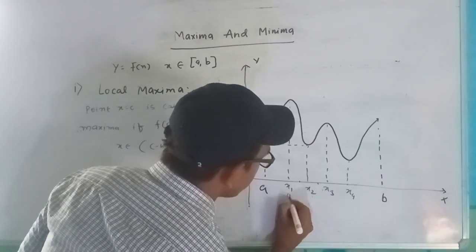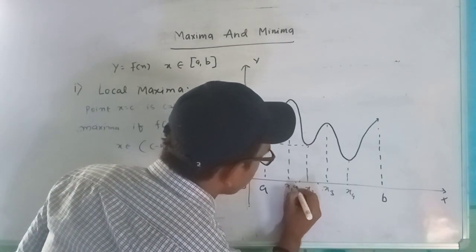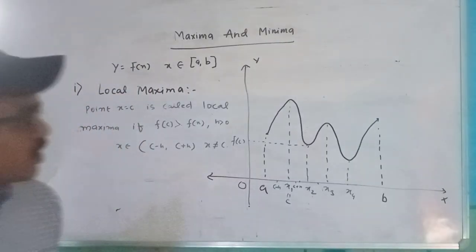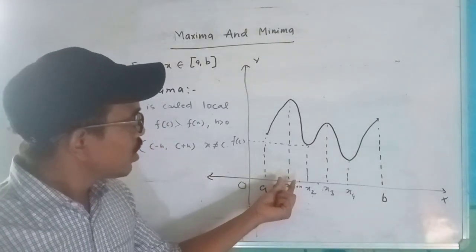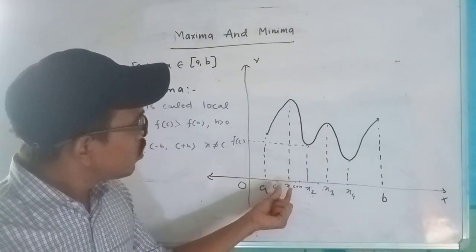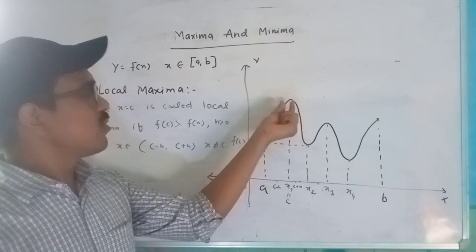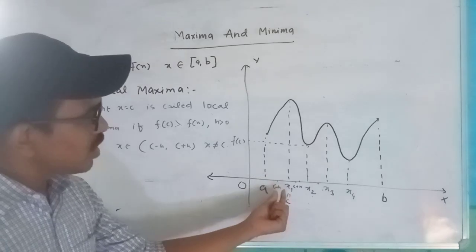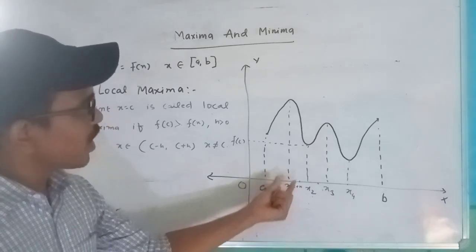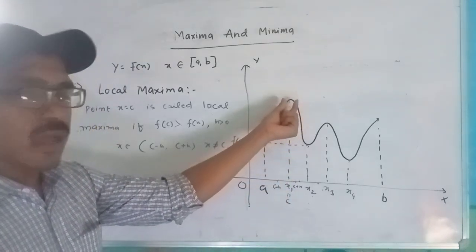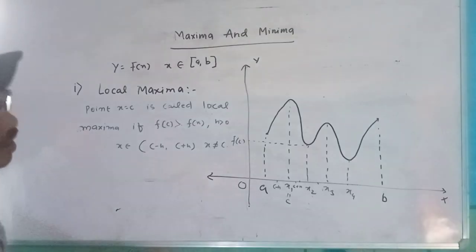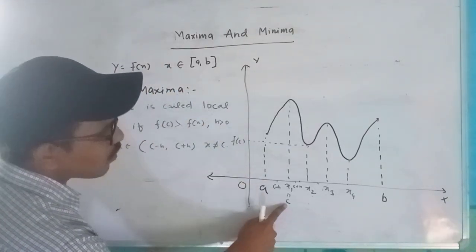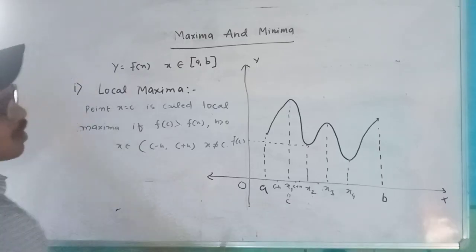Let's say point x1 is c. You can clearly see that in the neighborhood of point c, the value of the function at c is maximum, and any other point in the neighborhood is always less than f(c). So point c is a point of local maximum.